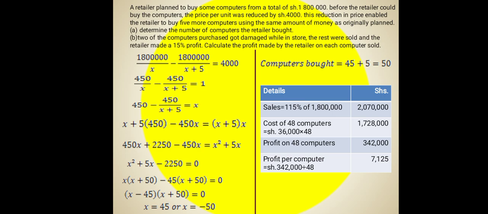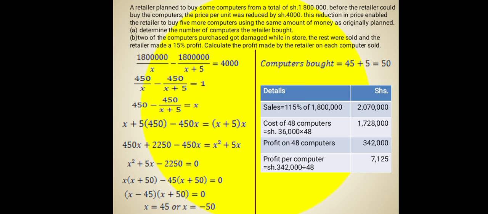Now, here you realize that if we take the original amount, 1.8 million, divided by the original number of computers wanted to buy, let's say it is x, and then subtract the amount divided by the number of computers actually bought, which will be 5 plus x, we have a difference in price of 4,000.